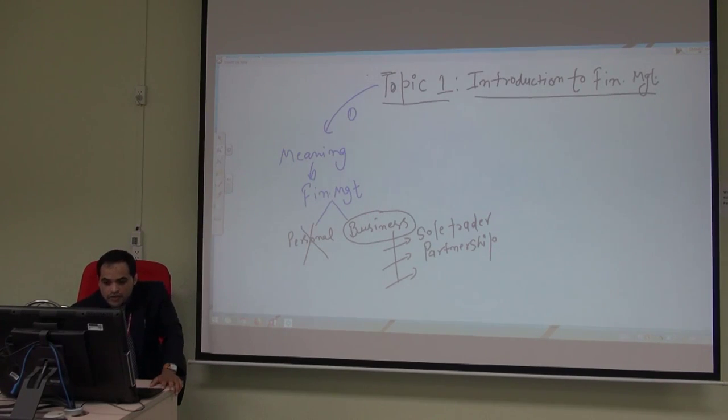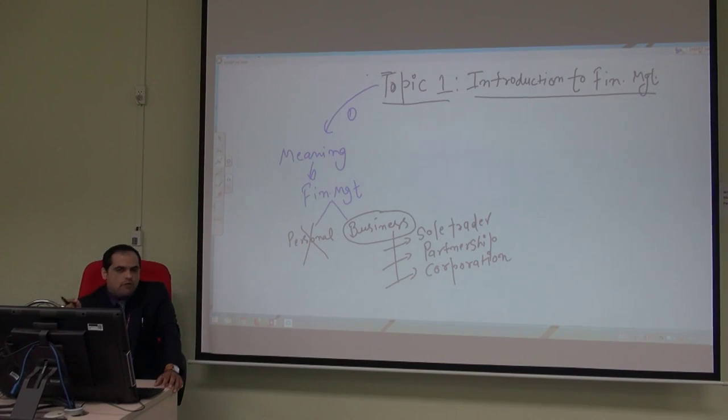And the third type of business is called corporation. Right. Now, what does corporation mean? Corporation, of course, is different from sole trader and partnership.